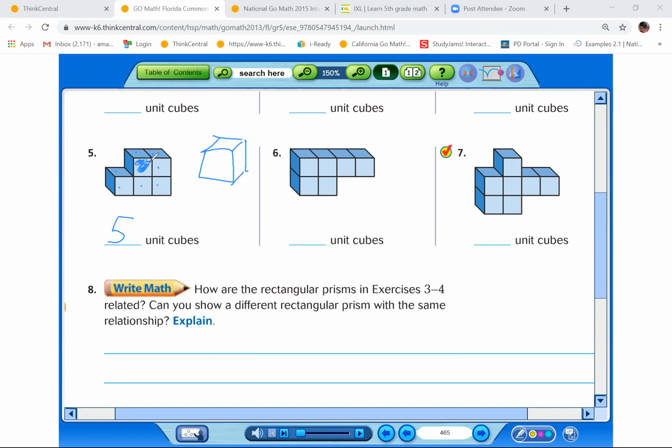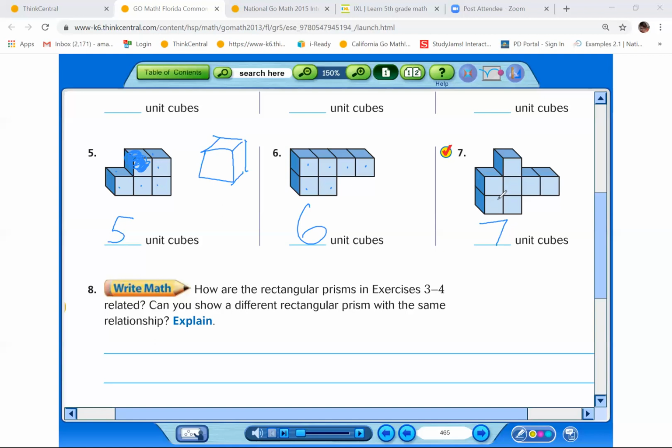We're counting the whole cube. How many here? 6. All right, tell me number 7. Don't just wait for me to tell you the answer, count them. The answer to number 7 is 7.